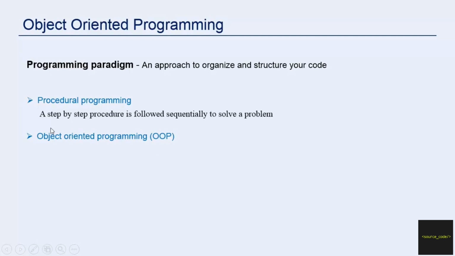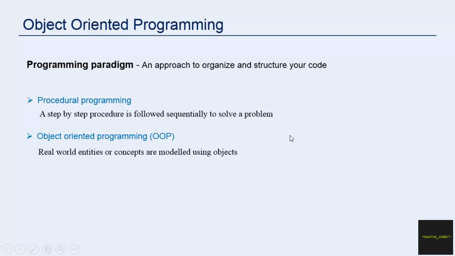In the procedural paradigm, there is a step-by-step procedure that is followed sequentially for solving a specific problem. It is implemented through code blocks called functions. The program is organized in a way such that the functions process the data of the program. In object-oriented programming, real-world entities or concepts are modeled using objects.